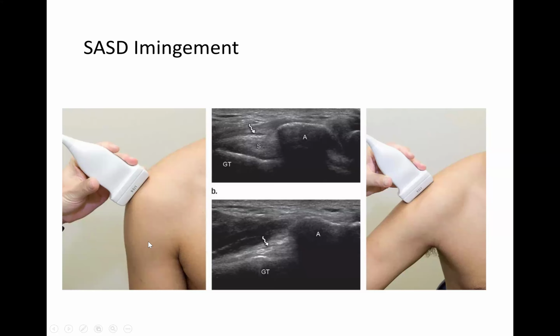Ask the patient to abduct the arm and look for any subacromial subdeltoid bursa, any fluid within the bursa, and look for the movement of the supraspinatus tendon beneath the acromion. Look for the smooth movement of the supraspinatus tendon beneath the acromion, because in cases of adhesive capsulitis, you might be able to appreciate fluid within the bursa. You might be able to appreciate that the movement of the supraspinatus tendon beneath the acromion is not very smooth.